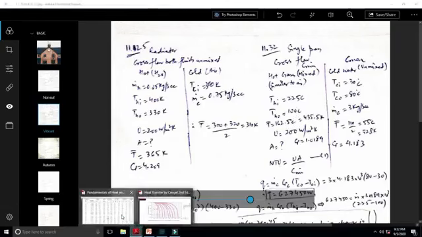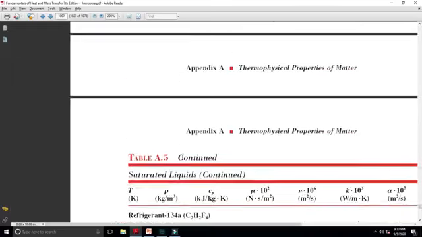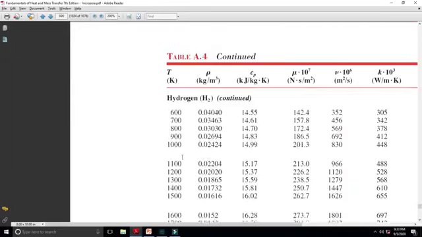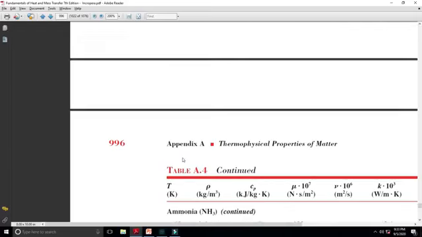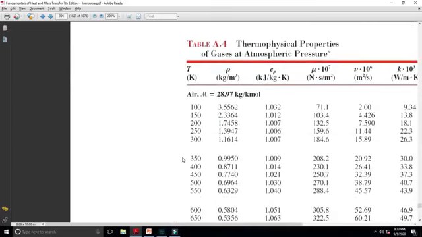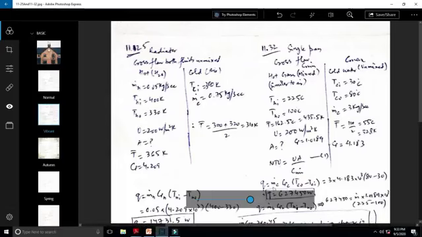So if we go to the properties table and we find air, it is there in table A-4. These are the properties of air. And the average temperature is 435.5 Kelvin.